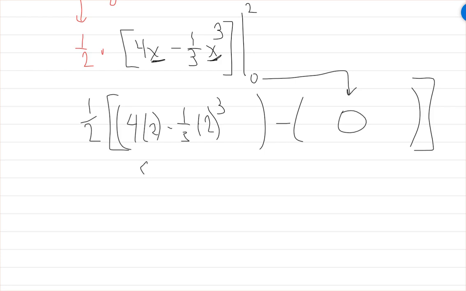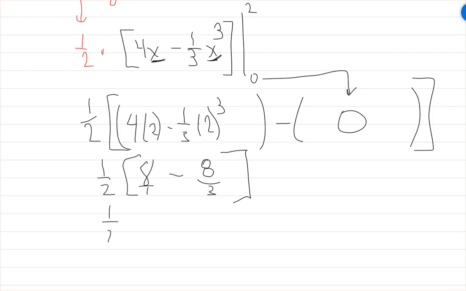Well, 4 times 2 is 8. And 2 cubed is 8. So that's going to be minus 8/3. And then, of course, minus 0. So I just ignore that right-hand side there. Bring down the 1/2. And then I need to find a common denominator, and of course, that common denominator is going to be 3. So this will be 8 over 1. Multiply those by 3.